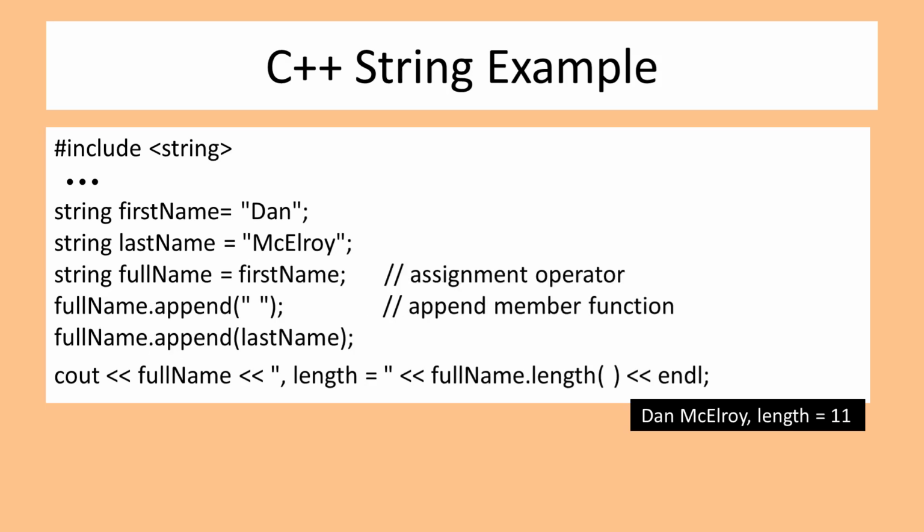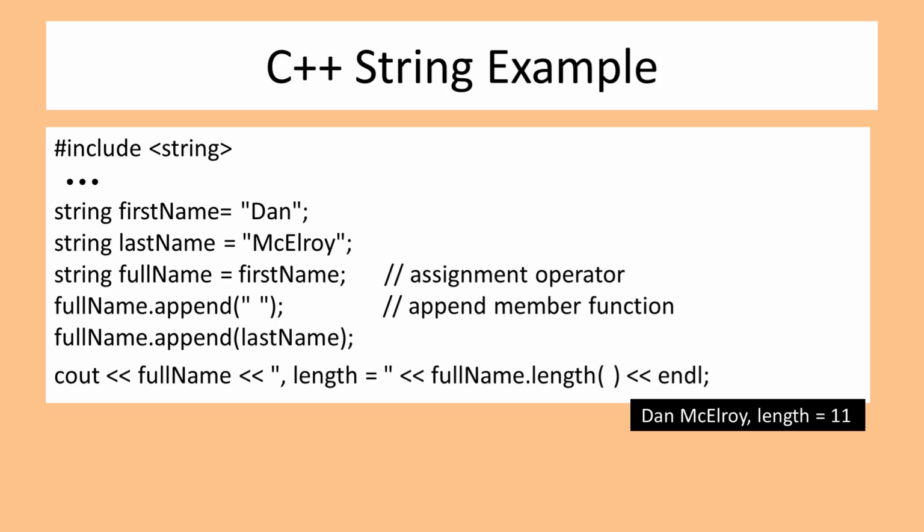Here is another example. Do the same thing with string first name, string last name, string full name. Now instead of using the plus, I'm going to start off by saying full name equals first name, so I'm going to copy Dan directly into full name, and then full name dot append. So I'm using the append function that is part of the class definition.